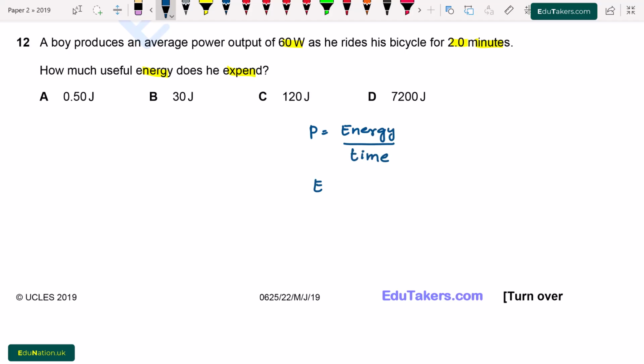And energy is equal to power multiplied by time. Power is given which is 60 watt. 60 multiplied by time is 2.0 minute. And we have to convert this minute into second. So it will be equal to 2.0 multiply by 60 seconds, so that the value of energy will be equal to 7200 joule. From here option D is correct.